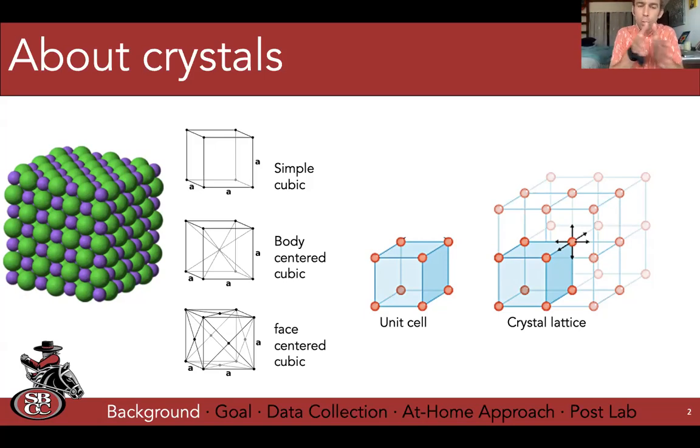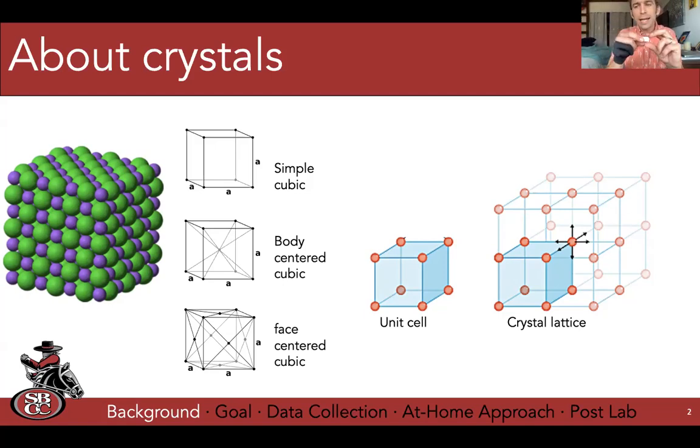So the ordering is very specific to the substance that makes up the crystal. So each crystal has an individual unit cell. That's the shape of the simplest ordering of our crystal. So for instance, let's just use this single Lego block as a unit cell.